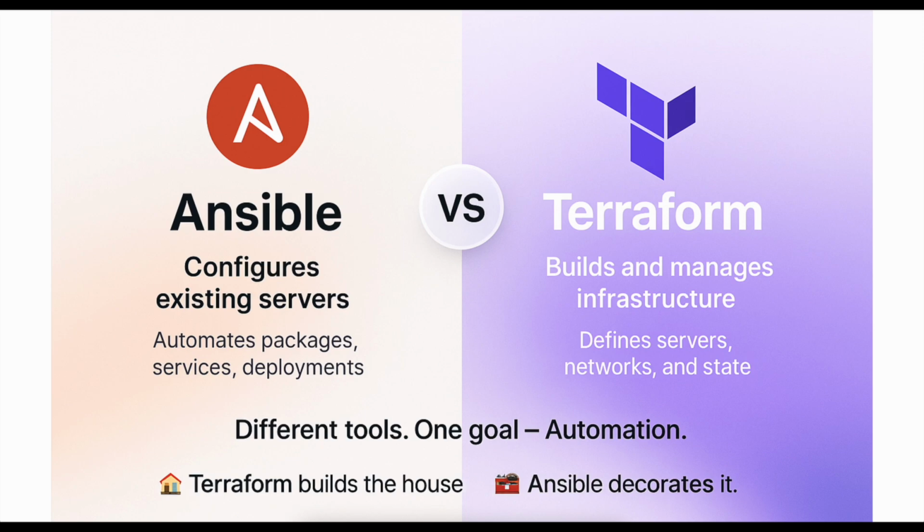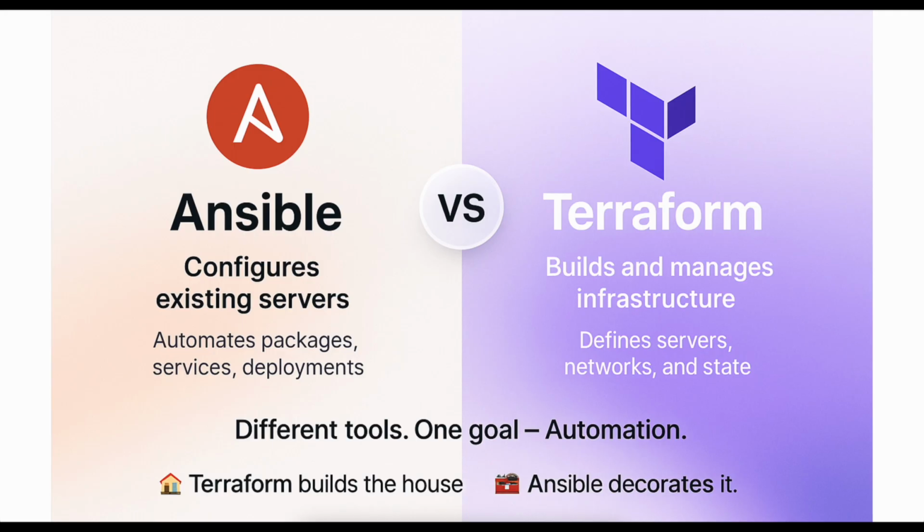In real world projects, teams often use both together. Terraform creates the infrastructure and Ansible sets up and maintains what runs inside. Together, they make the entire setup and deployment process fully automated end to end. That said, not every project uses both.